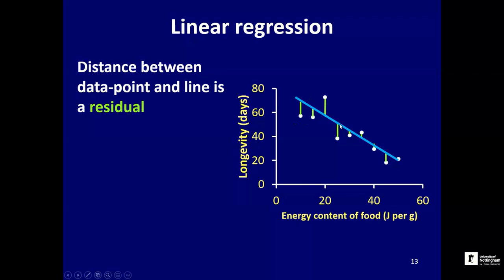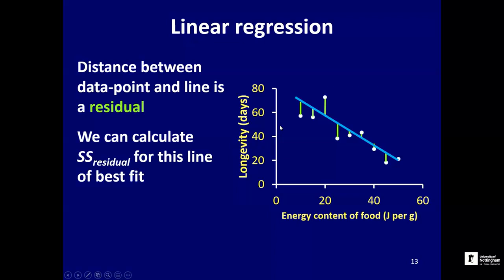So we've got the residual variation, and we want to quantify that in exactly the same way that we did for the null hypothesis, and so we calculate a sum of squares called the residual sum of squares, which represents the remaining variation left over once you've fitted a line of best fit through the data. Inevitably, the residual sum of squares will be smaller than the total sum of squares, because you've put a line of best fit through the data instead of just having the mean.